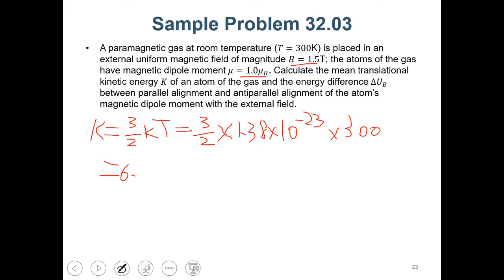So K equals 6.2 times 10 to minus 21 joule.